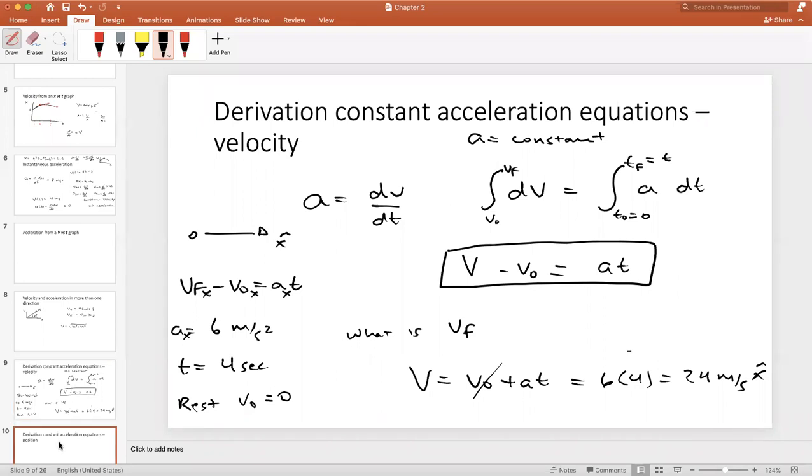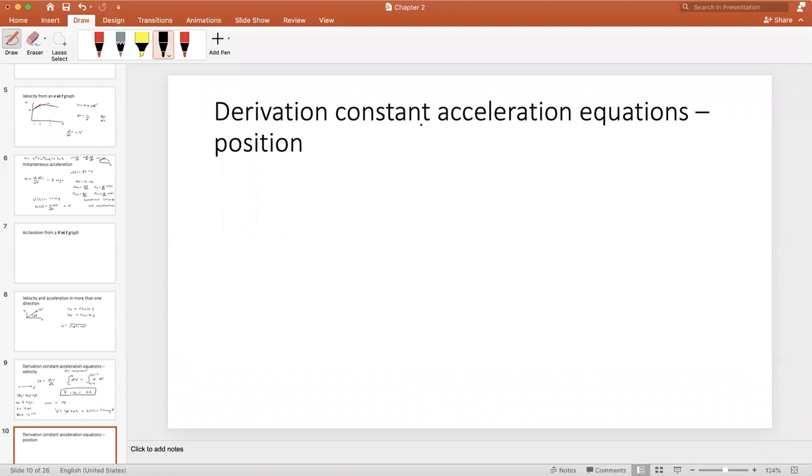Now, we can go further though, because now that we know that v is v naught plus at, we know that v is dx dt. This is our instantaneous velocity, dx over dt. From that, we get that dx is v dt.